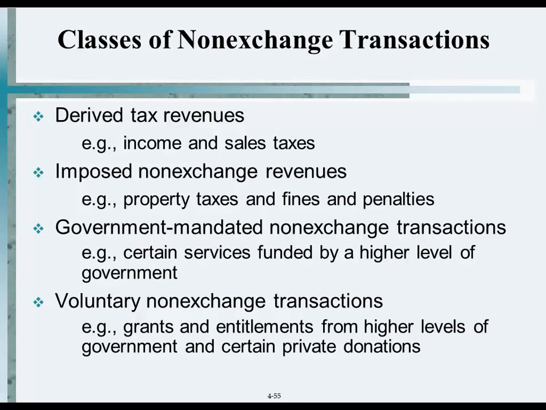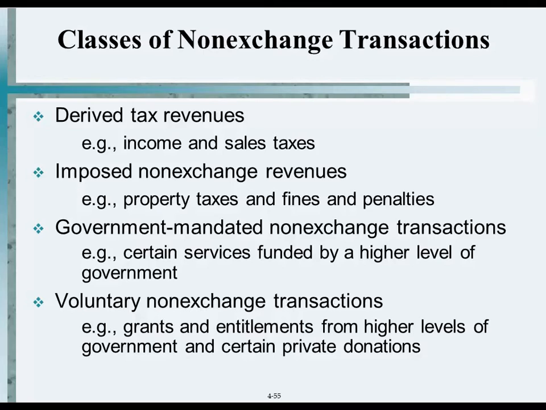Next category, imposed non-exchange revenue. Property taxes and fines and penalties. I explained to you why this is a non-exchange transaction. But why the word imposed? Do you have any flexibility to say, I don't feel like paying this? Right? You've got to do it. And for that reason, it's imposed.